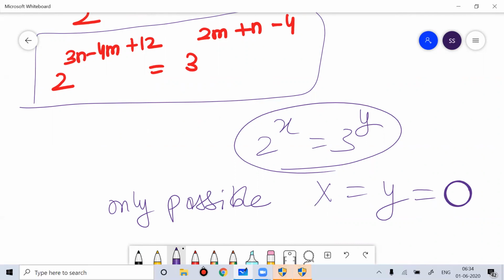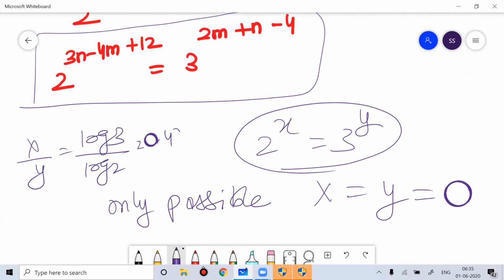You can prove it. If you take log also, we can do that. So x by y would be log 3 by log 2. So log 3 by log 2 means 0.4771 by 0.3010. So anyway, x by y can't be possible. So you know log 3, you know log 2.